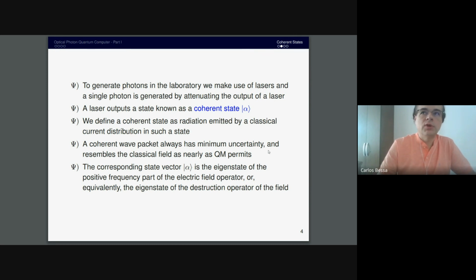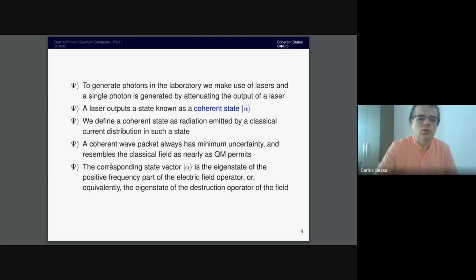We will see, when defining it, that it is a classical current distribution associated with the potential that is quantized. So we see this in the lecture today. Sometimes, when we have this mixture of classical and quantum things, physicists call it a semi-classical state.